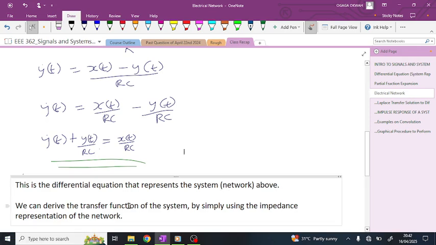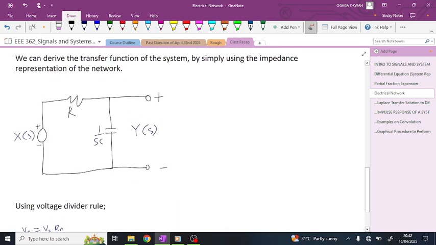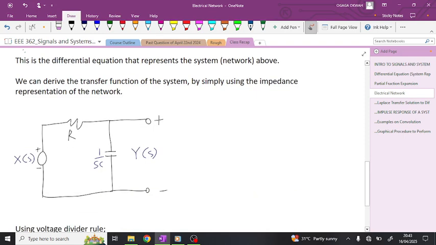Now we can derive the transfer function of the system by simply using the impedance representation. Using the impedance representation, what do we mean? R, of course, is R. Capacitance in impedance representation is what? 1 over j omega C, the 1 over C. And of course, the j omega is s.